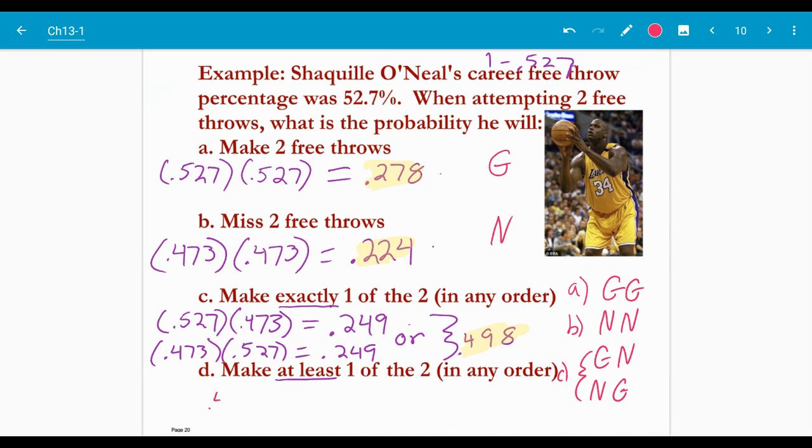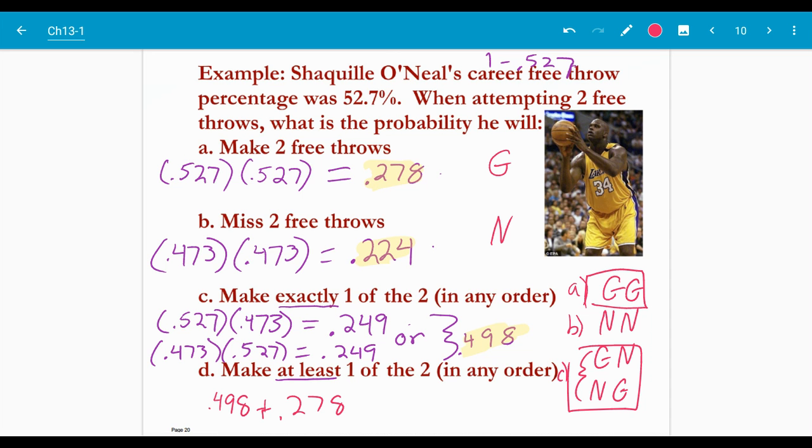We have this 0.498, or he could make both of them. So this is favorable, and this is favorable as well. Or means add. We can add the 0.278 to it, so we're adding our values together here.